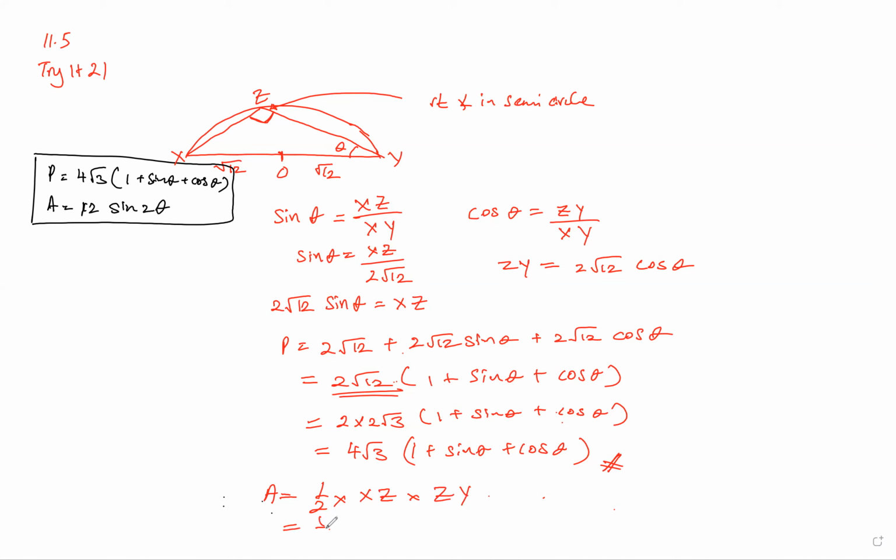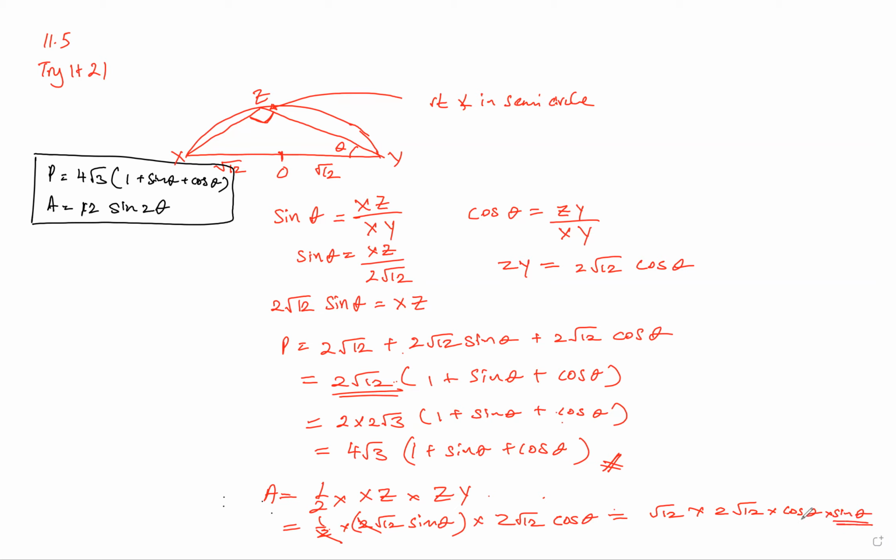So this is equal to half times 2 square root 12 sine theta times 2 square root 12 cosine theta. We can take out the square root 12 and one of the two, or you can just cancel like that also. So you're left with square root 12 times 2 square root 12 times cosine theta times sine theta.